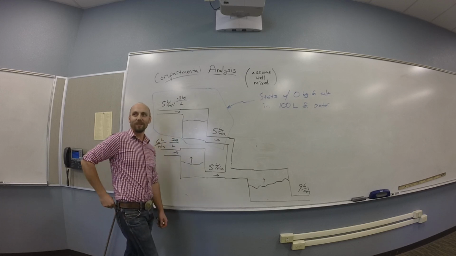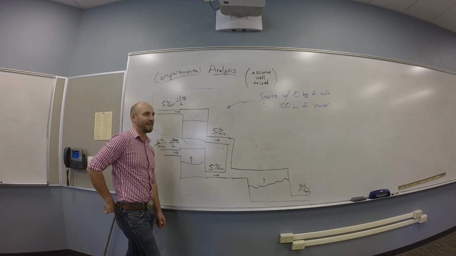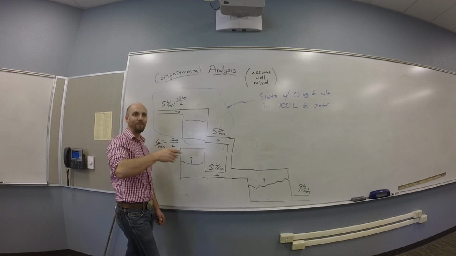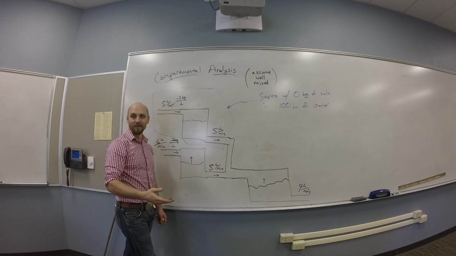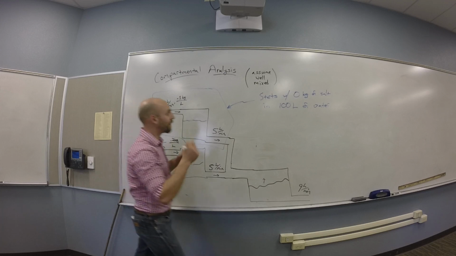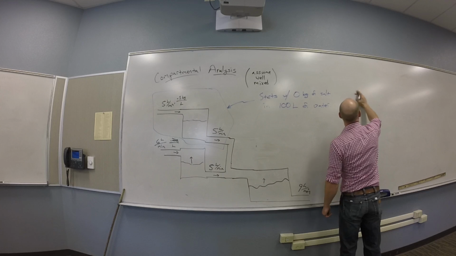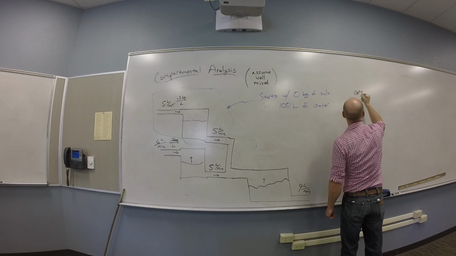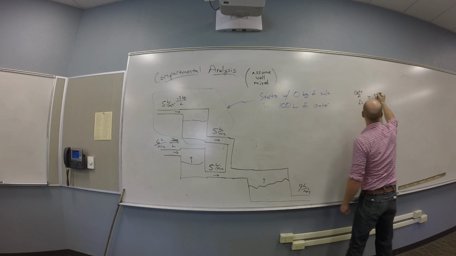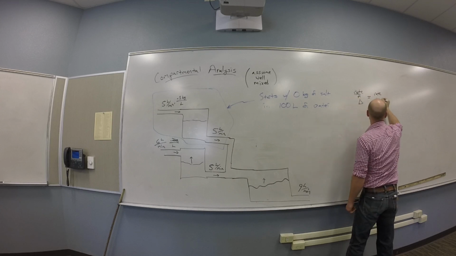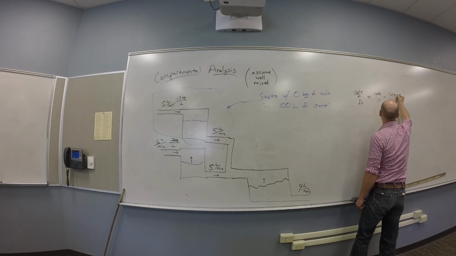Yeah, the rate of change of stuff in the tank is the rate in minus the rate out. You guys with that? That's the punchline of compartmental analysis: rate of change is rate in minus rate out.